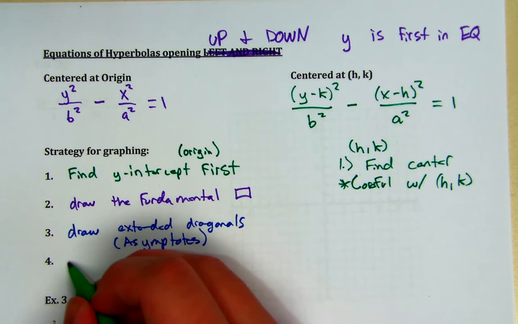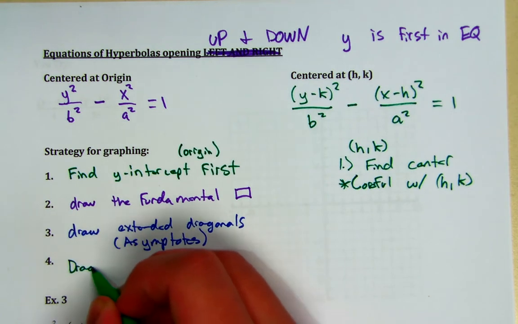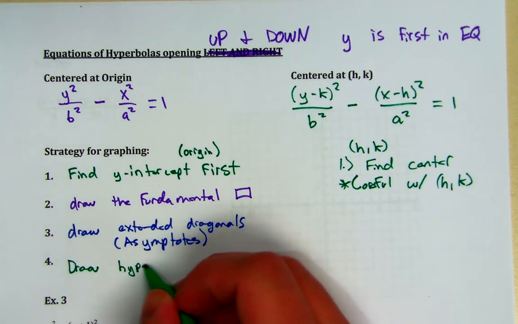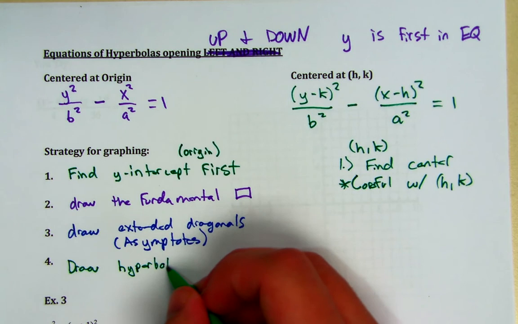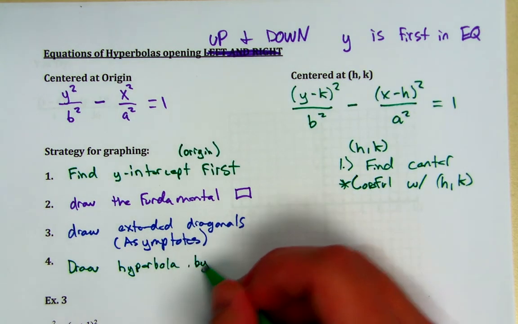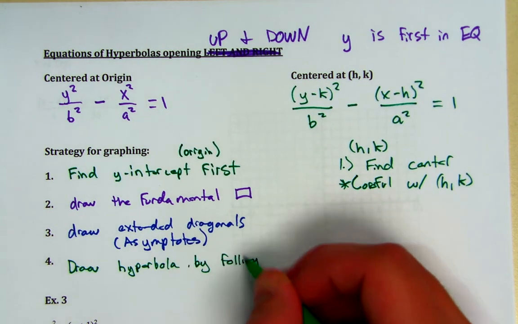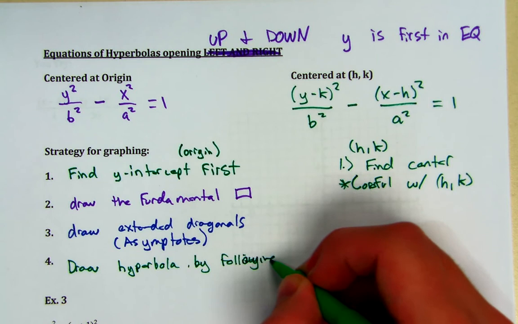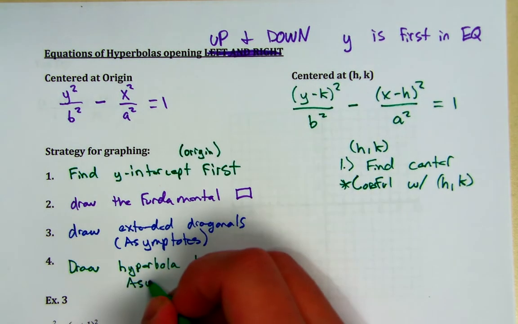And then draw the hyperbola by following your asymptotes.